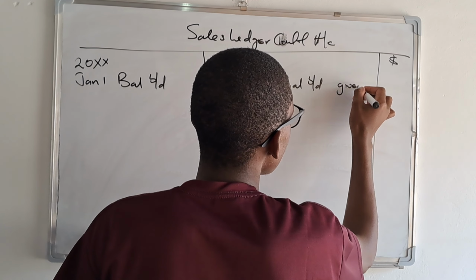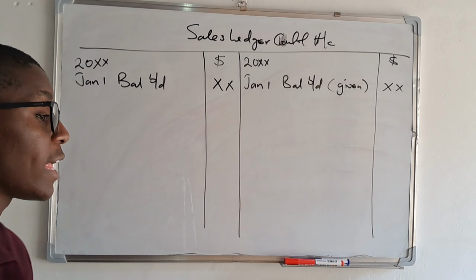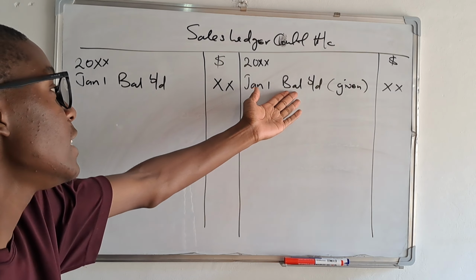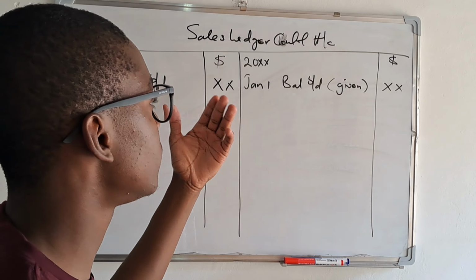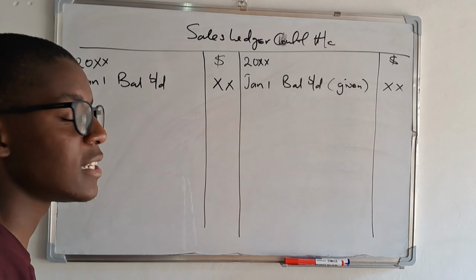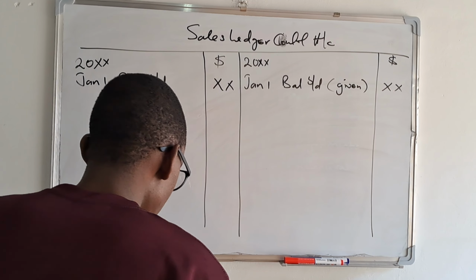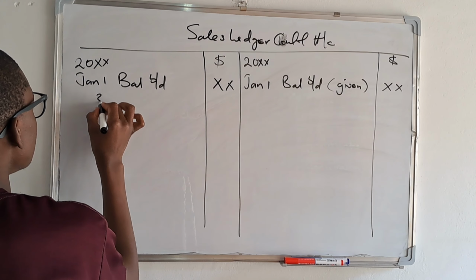If they did not give you the balance BD on the credit side, you just need to leave it blank. Don't write balance BD, just leave it blank.